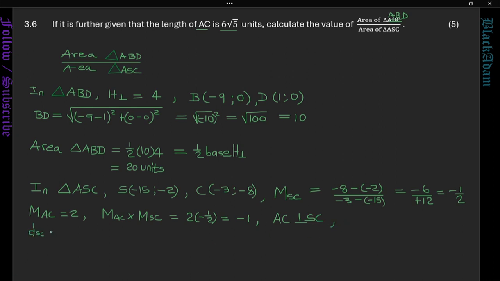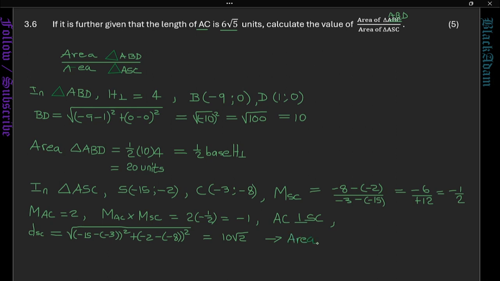Now if we need to find the distance AC, it is going to be negative 15 minus negative 3, all of that squared, plus negative 2 minus negative 8, all of that squared. Simplifying that further will give us 10 root 2. So 10 root 2 is our distance AC.